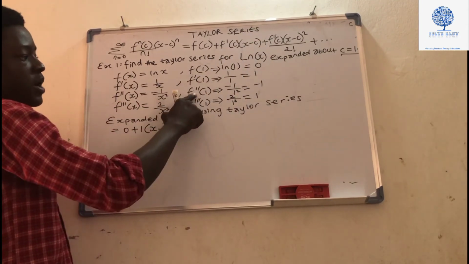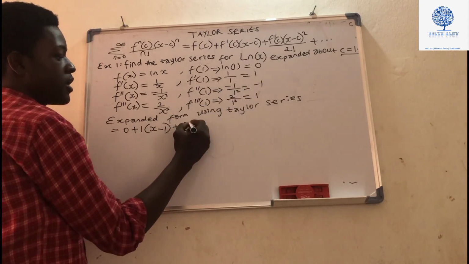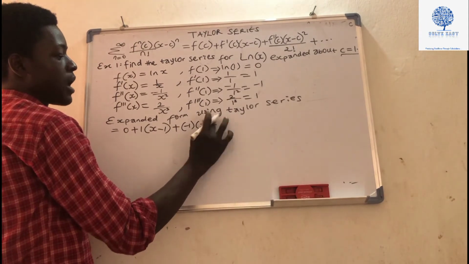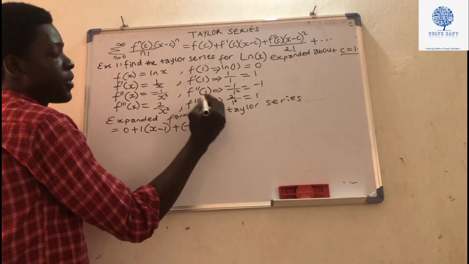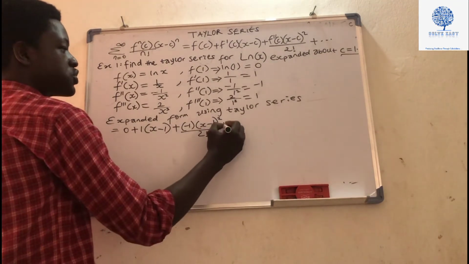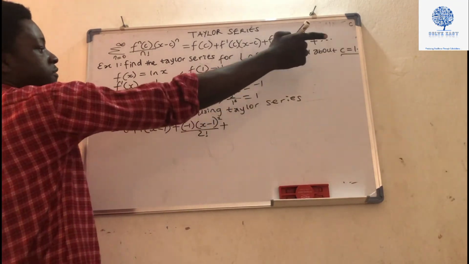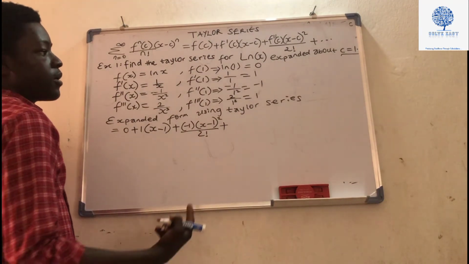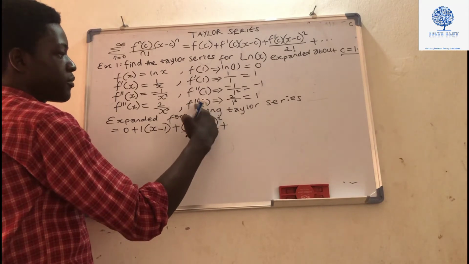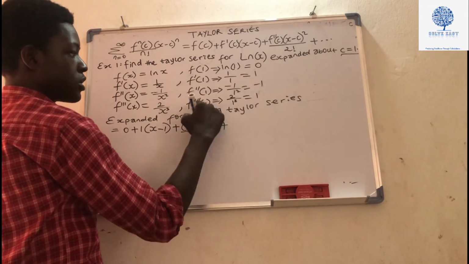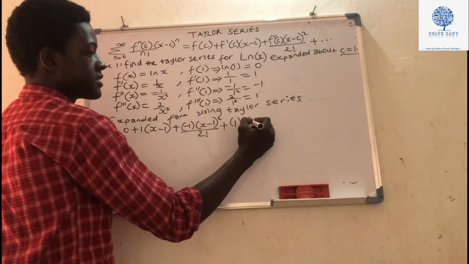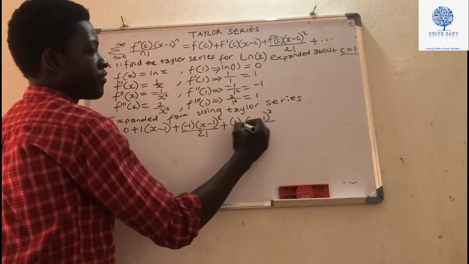F double prime, we differentiated twice, we got minus 1 times x minus our c, which is 1, all to the power of 2 divided by 2 factorial, plus f triple prime, remember we said this formula keeps on going, plus f triple prime of 1, which we had to be 2, times x minus 1 to the power of 3 over 3 factorial.